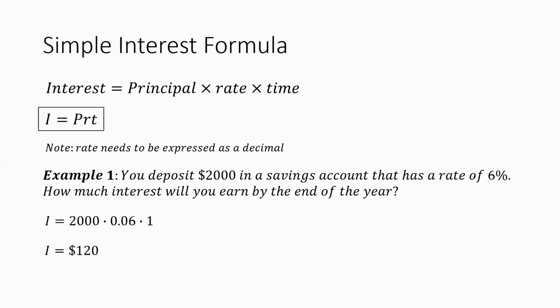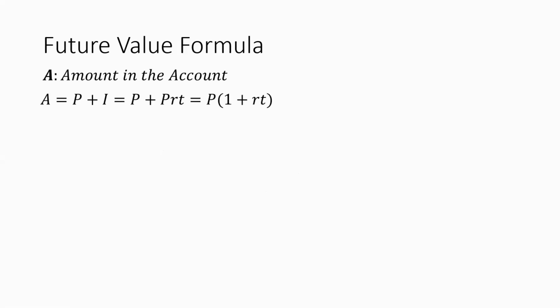It's also going to have what I initially had in my account, which brings us into the future value formula. The future value formula is a fancy way of saying, okay, instead of figuring out the interest, now we're going to figure out how much we actually have in our account, assuming we didn't have random withdrawals or deposits. The formula looks very similar to the last one because we have our interest, so that's our PRT, and then our principal again.